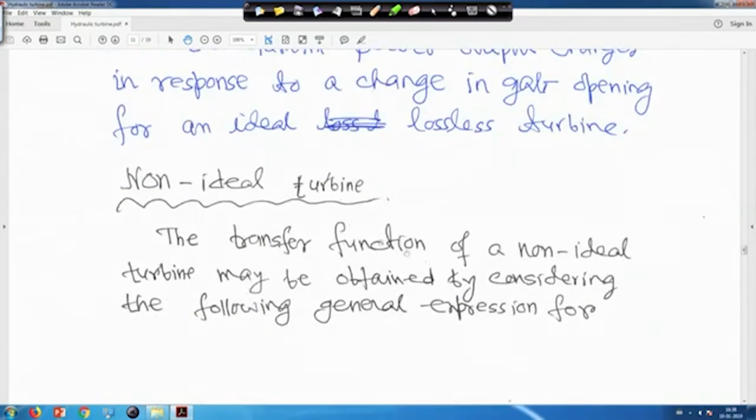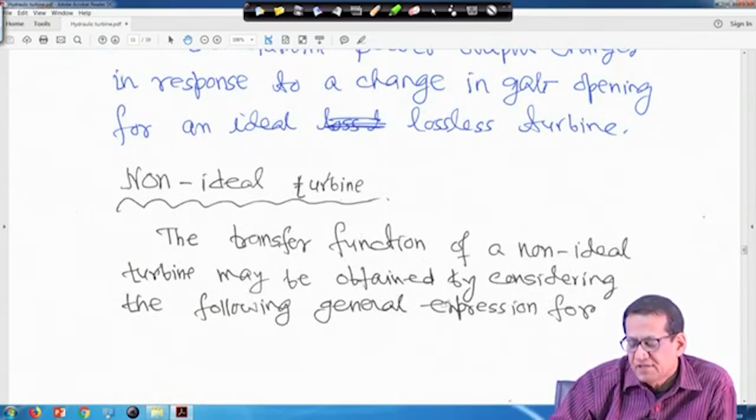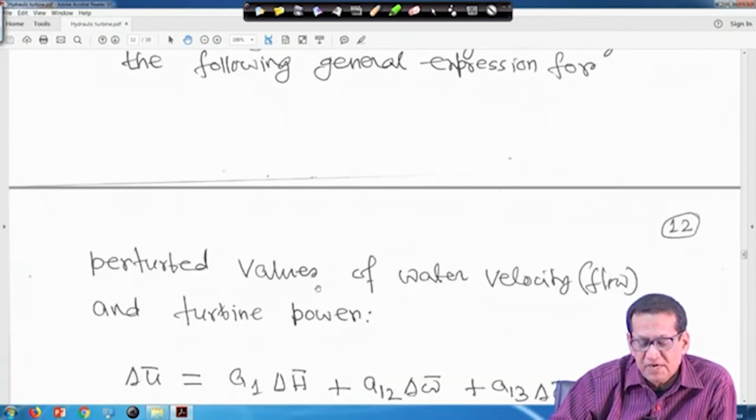The transfer function of a non ideal turbine may be obtained by considering the following general expression for perturbed values of water velocity, that is water flow, and turbine power.